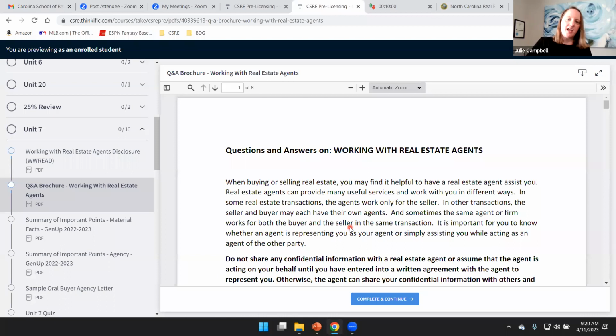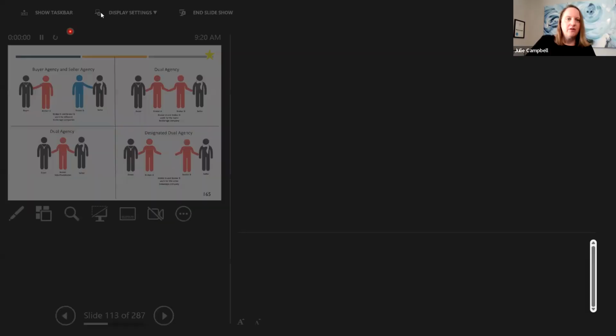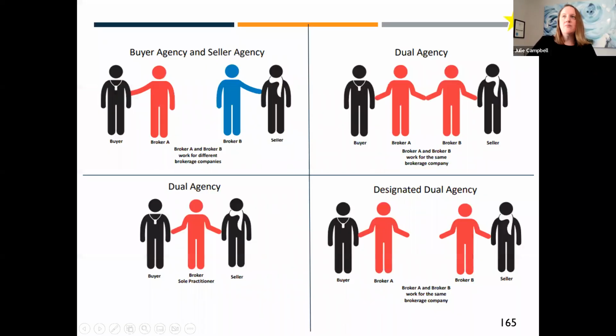The content is the same, the wording is the same, but one thing that we have in the brochure that we don't have on the flat PDF, and I wanted to share it with you guys because I do think it's important, is that if and when you get your hands on that brochure, you're going to see pictures. They include pictures to help the consumer better understand agency. So since we're not looking at the brochure, I still wanted to provide this with you guys, so you can see the pictures.